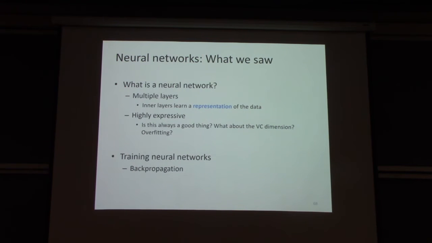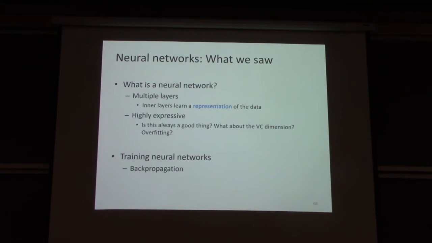Alright, so let's just wrap up this section on neural networks. We looked at the definition of a neural network. It's basically multiple layers of neurons, where you can think of the inner layers as being ways to learn the features or representations of the data to facilitate classification. And this is a highly expressive hypothesis class.